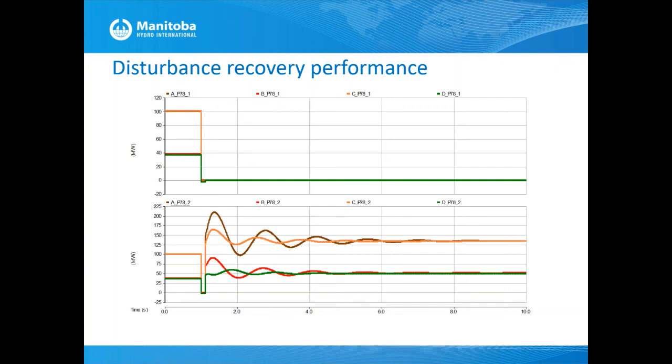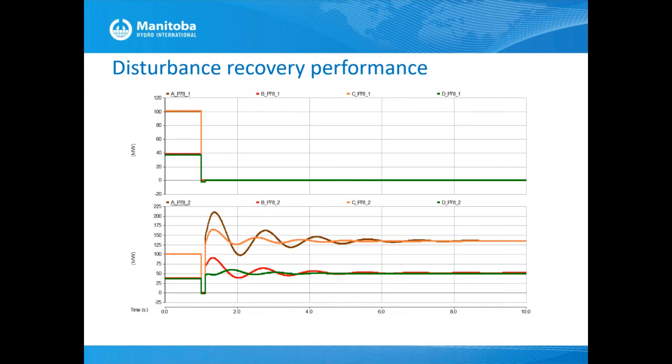The main challenge in tuning is how to have robust tuning that works for many different operating conditions and system configurations. You might have certain units in service, and some lines out of service or in service. Sometimes the same set of parameters doesn't work for all these conditions, so you might need some adaptive control, meaning different sets of parameters for different situations.